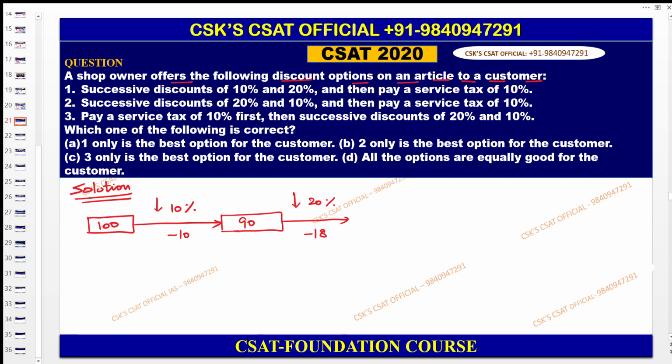Therefore discount means minus, so which is equal to 72. Then after this there is an increase in the tax, 10%. So what is the 10%? 7.2. Add up these two. Now the final is nothing but 79.2.